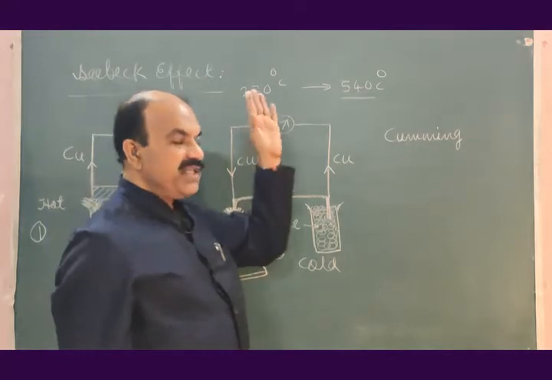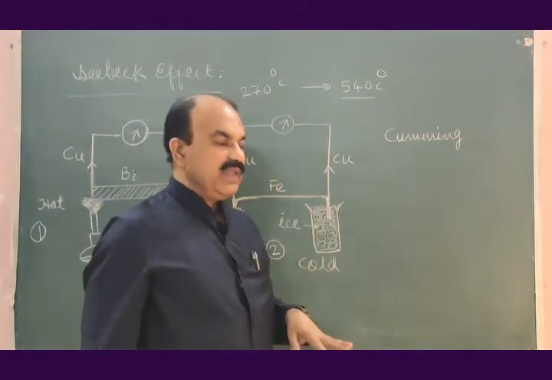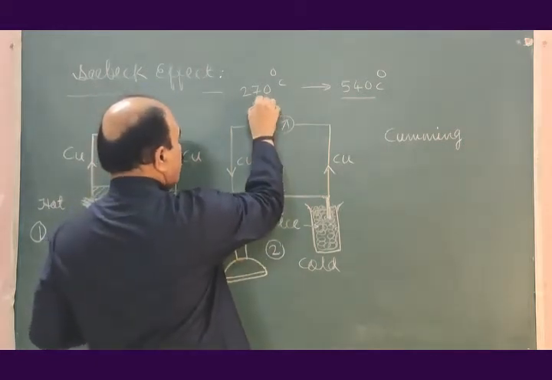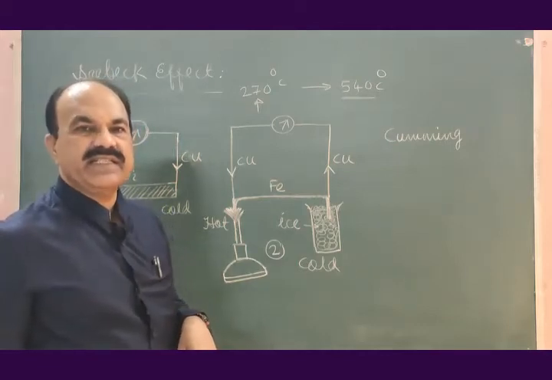The current is continuously rising. The current becomes maximum when the temperature of the hot end becomes 270 degrees Celsius.